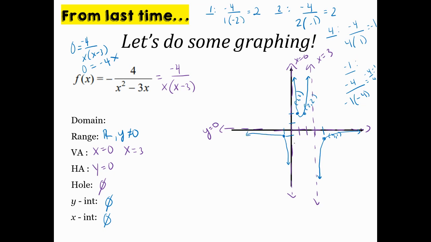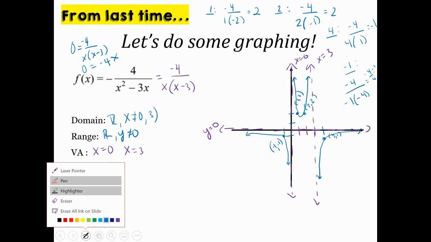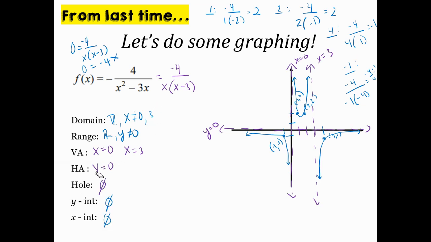Whoa, that should look a little more curvy, but that's okay. Right? So the domain would be all real numbers, but x is not going to equal, I could have done this earlier, 0 or 3. They don't all look the same. You need to practice. You got to practice. You guys got this.